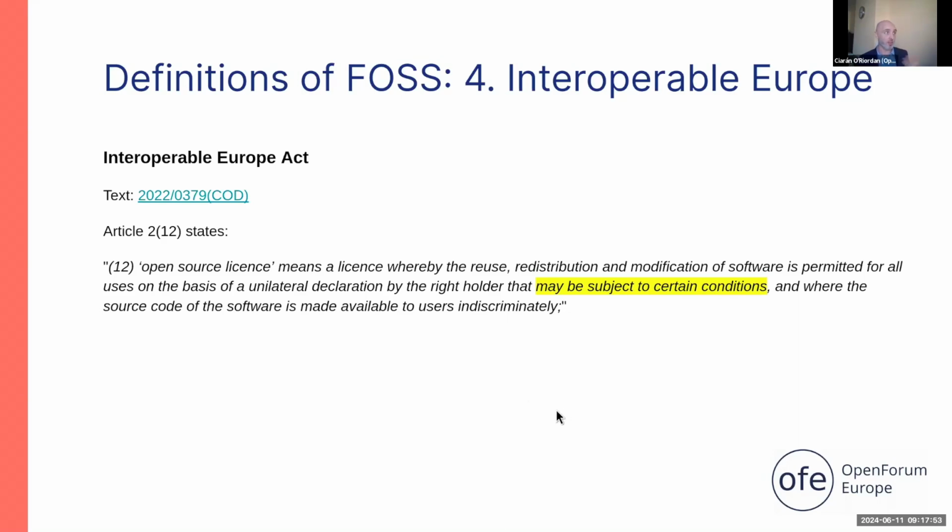And this is reflected in the Interoperable Europe Act, which says that software must have the 4 freedoms, but also says that the software may be subject to certain conditions, without giving further definition of what these conditions may or may not be.